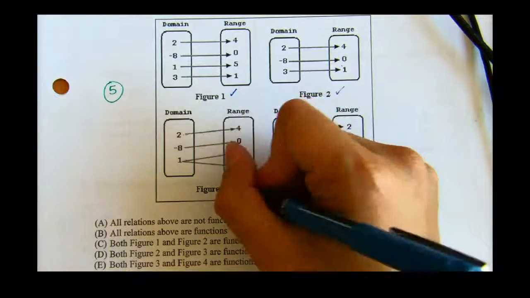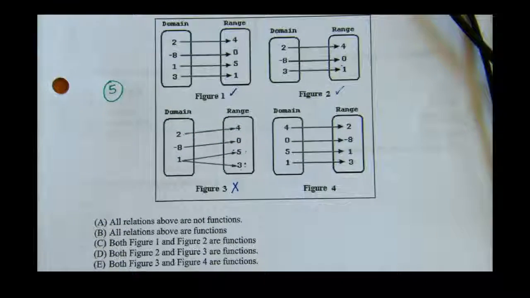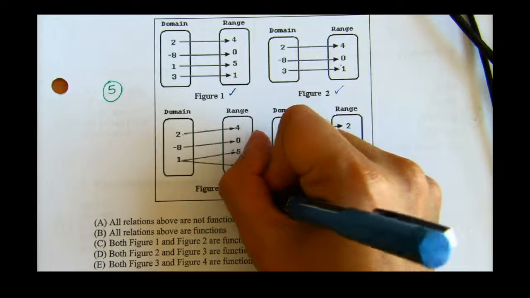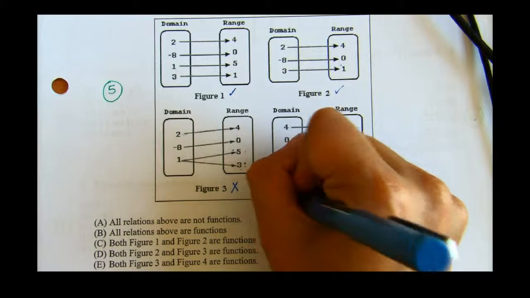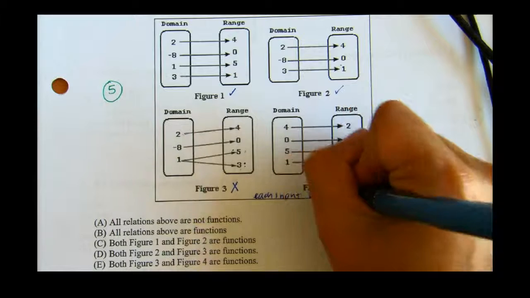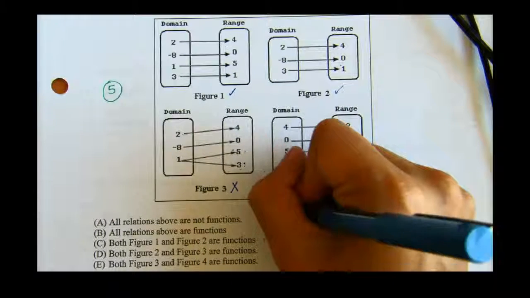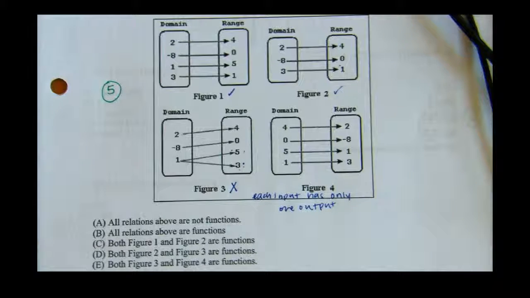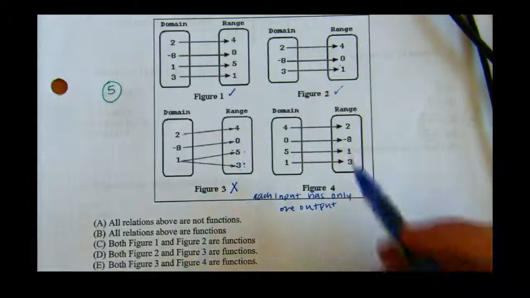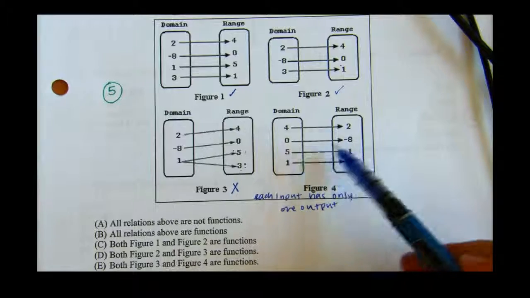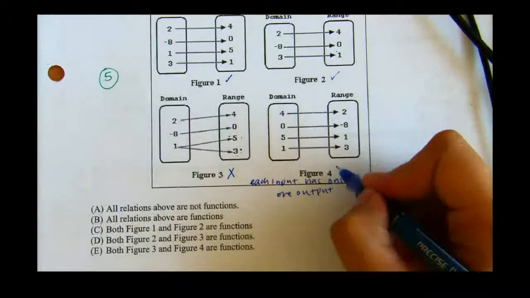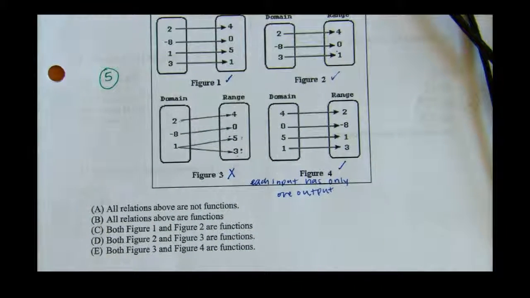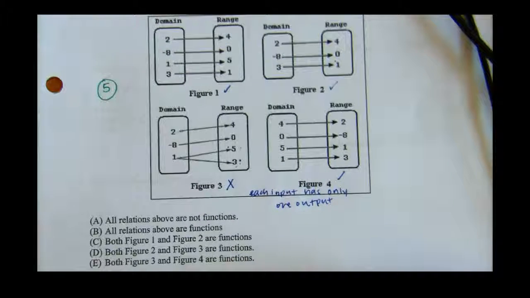So that makes this not a function, because the definition of a function is each input has only one output. So I know for sure that figure 3 is not a function. Figure 4, yep, it seems one to one. This is also going to be a function. So now I know that figures 1, 2, and 4 are functions.